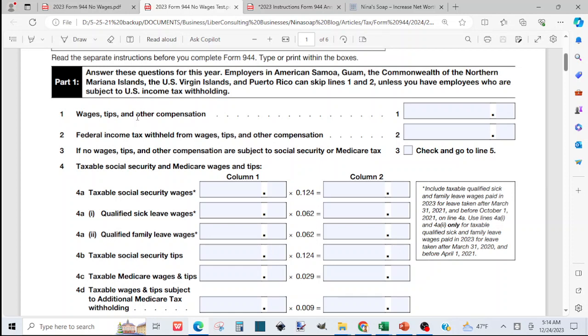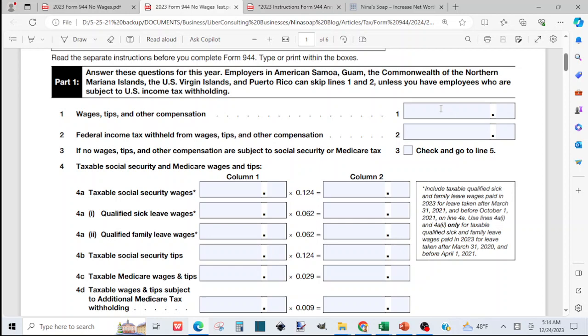Whether you didn't pay wages to yourself as the officer or you didn't hire anyone and didn't pay wages, you will still file Form 944. You just leave most of the lines blank except line 9. Any line that you would put $0, you just leave blank except line 9.